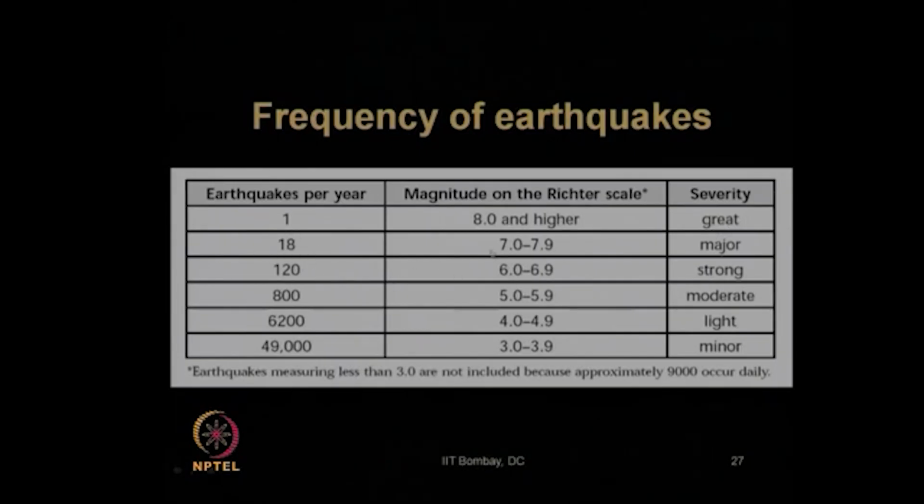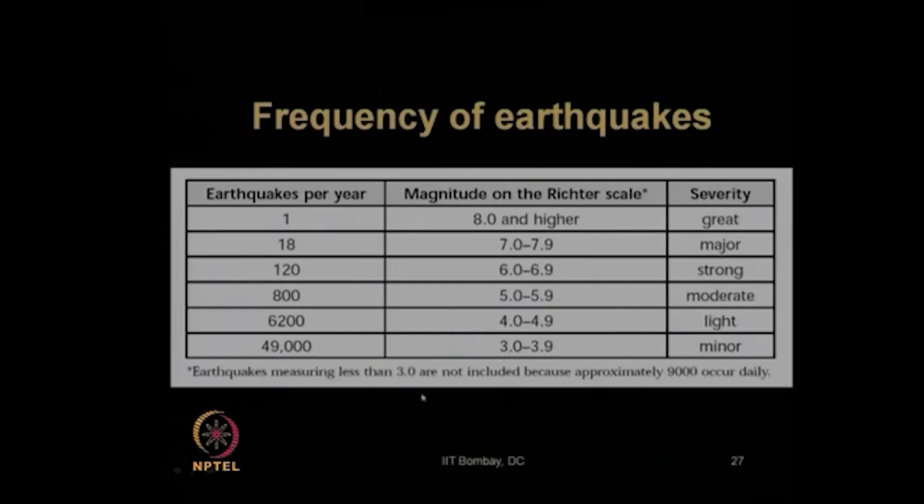About 18 or so between 7 to 7.9 major earthquake, about 120 or so between 6 to 6.9 strong earthquake, about 800 or so between 5 to 5.9 which are called moderate earthquake, about 6,200 or so between 4 to 4.9 which are light earthquake, and about 49,000 or 50,000 or so between 3 to 3.9 which are minor earthquake.